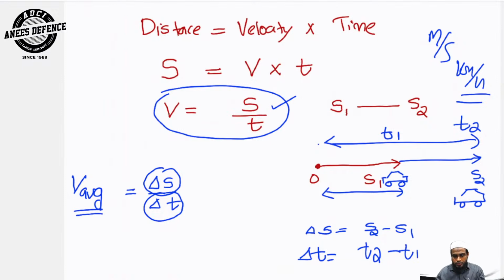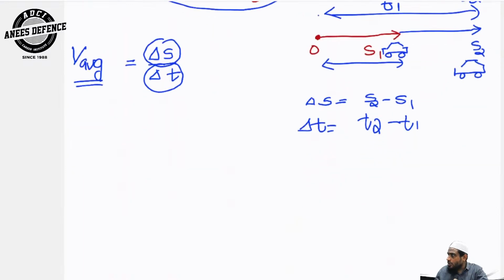Understood? So this is average velocity.